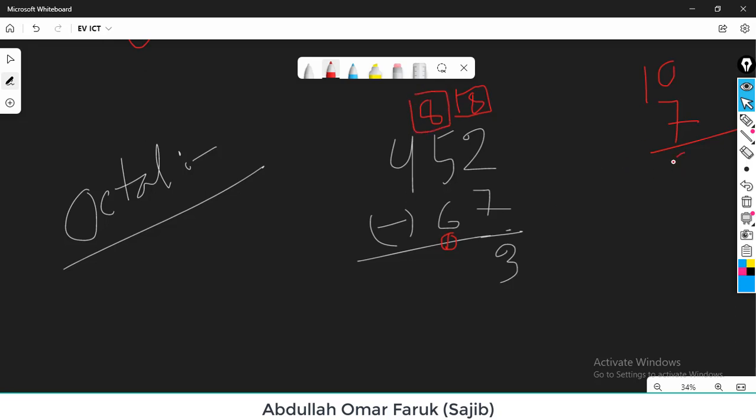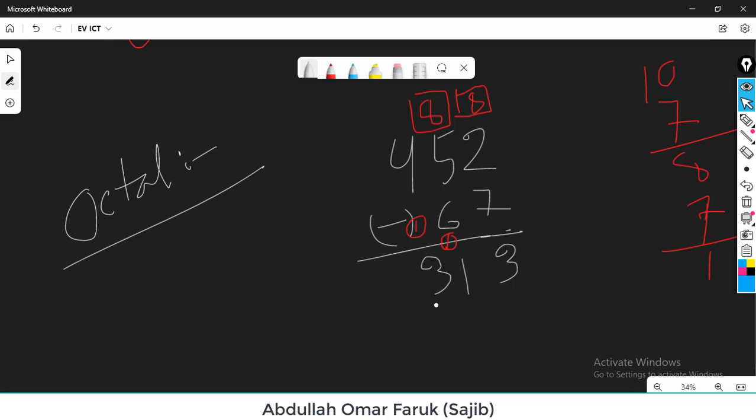Now I can subtract 7 from 8, it gives me 1. This 1 is my result, and as I have borrowed the base, 1 will be placed here, and now I have to subtract 1 from 4, which gives me 3.